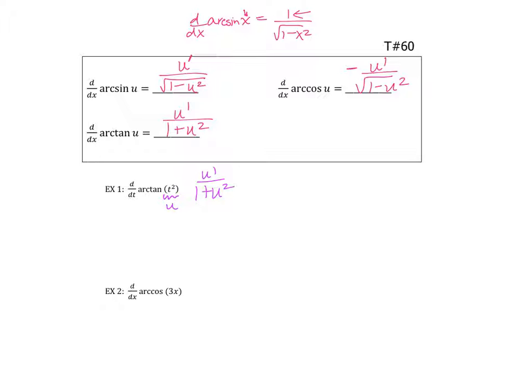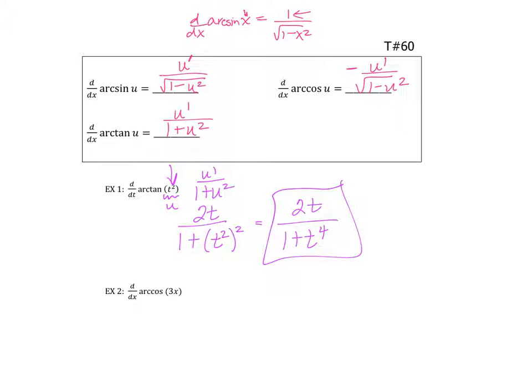So if u is t squared, I actually do the bottom first. I would have 1 plus t squared squared, 1 plus u squared, which of course is 1 plus t to the 4th. And what goes on top? The derivative of u. So that's 2t, and there's my derivative. Easy, easy.